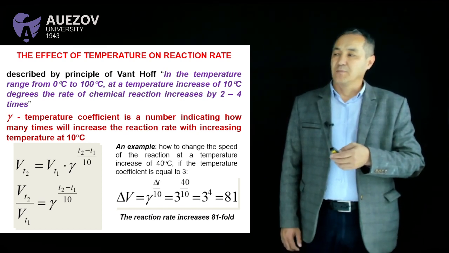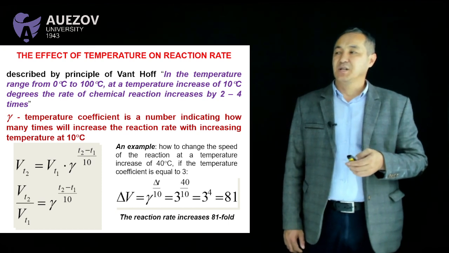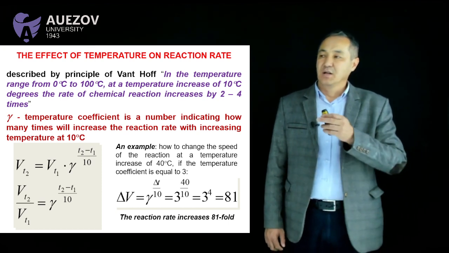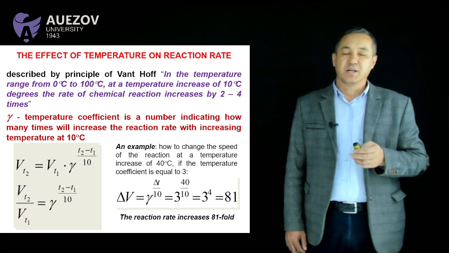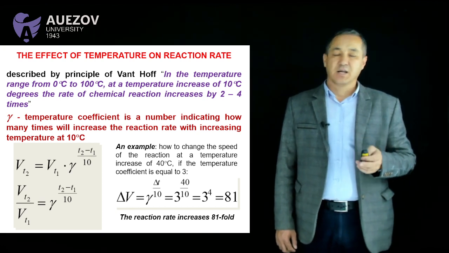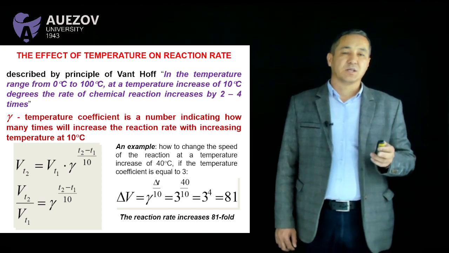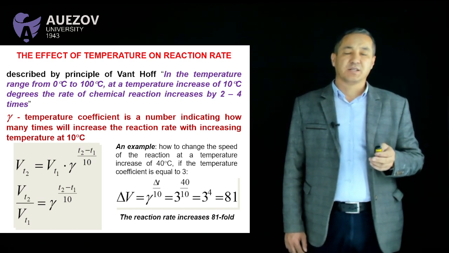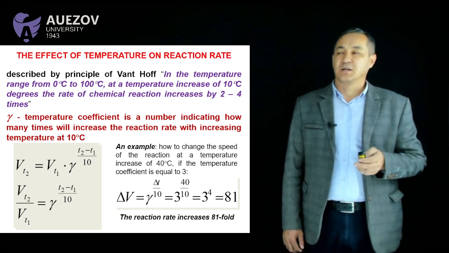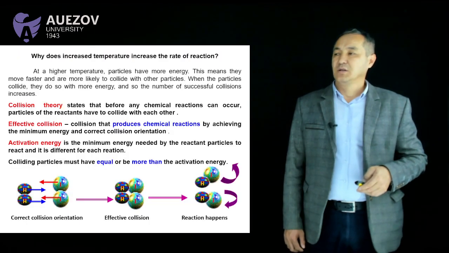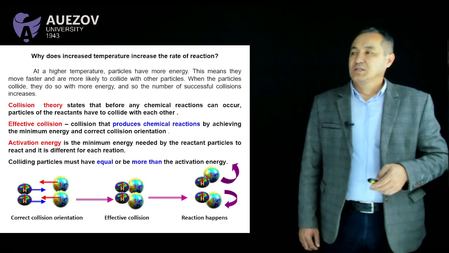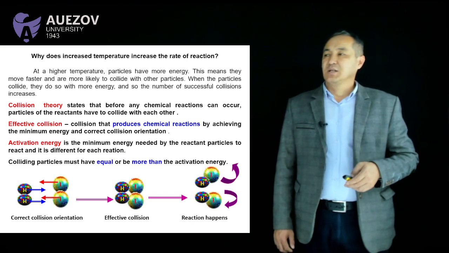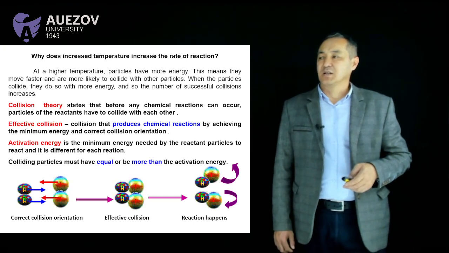Here gamma is the temperature coefficient, a number indicating how many times the reaction rate increases when the temperature is increased by 10 degrees. Increasing the temperature increases the rate of reaction.